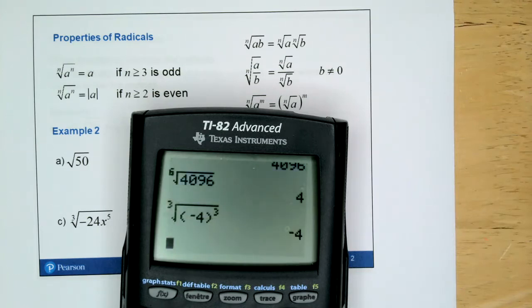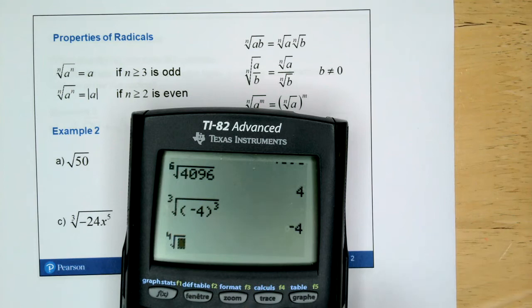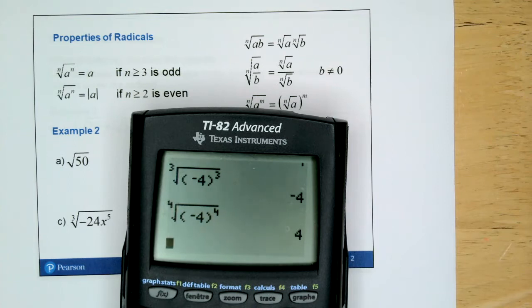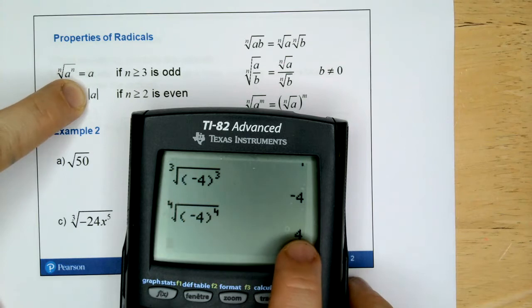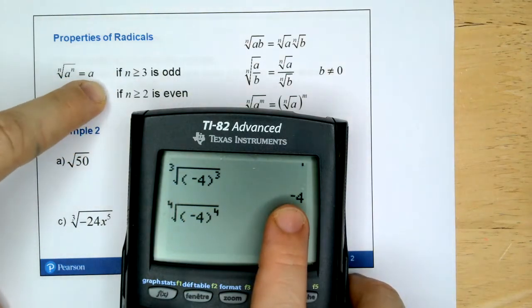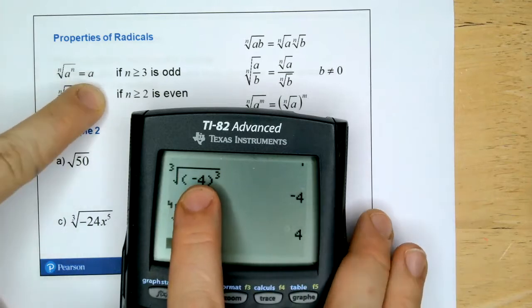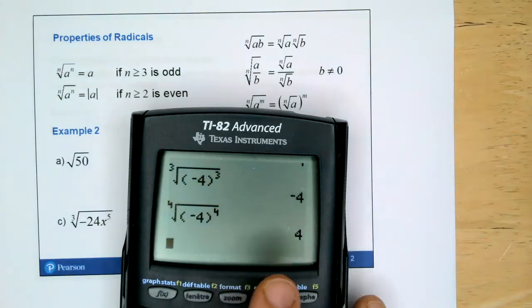We get a negative number. If we take the fourth root, which is even, the fourth root of -4 to the fourth, we will get a positive number. So that's what this means. The absolute value means it will always be positive, right? But if they're odd, like the 3, it could be positive or negative. It's just whatever is actually there. Here we took that and gave the absolute value of it as the answer.